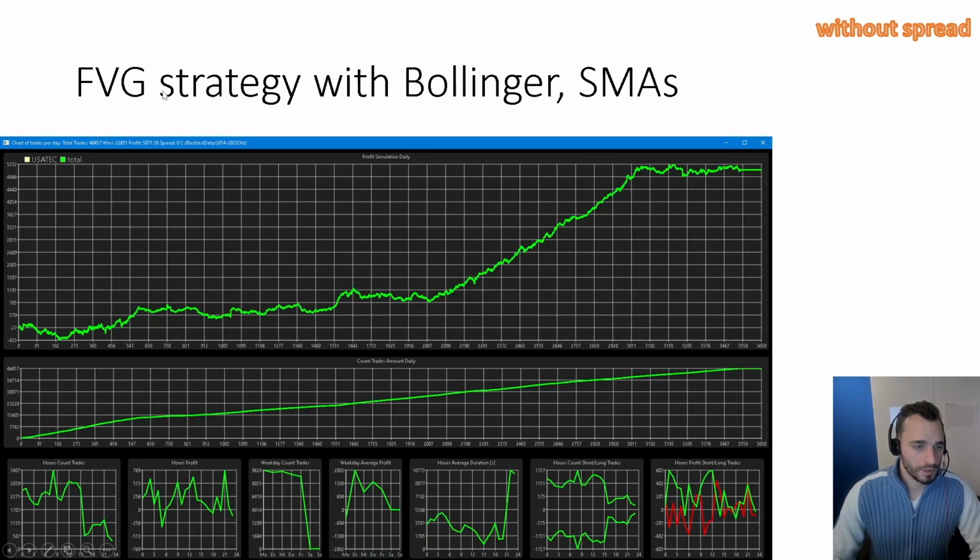Some kind of fair value gap strategy, trying to find any impact of this fair value gap, including Bollinger's, SMA, whatever, without spread. Remember, it's like 5,000 points plus after 10 years. But at least here we see the trade count.